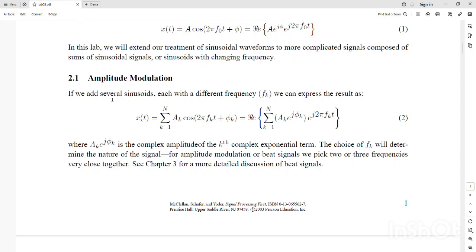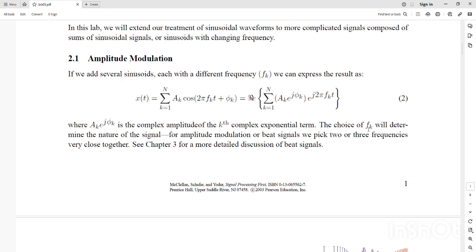If we add several sinusoids, each with a different frequency f_k, then our formula will look like this, where the amplitude A_k multiplied by e^(j phi_k) is the complex amplitude of the kth complex exponential term. So the choice of f_k will determine the nature of the signal.